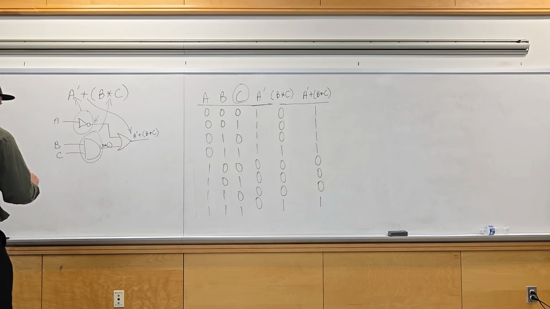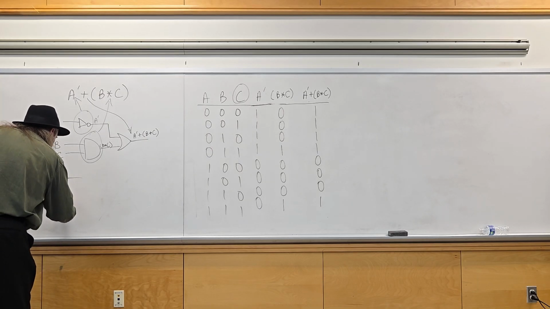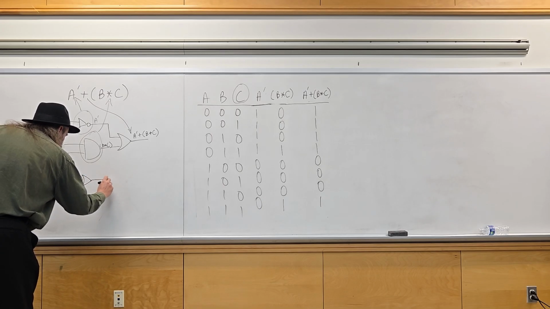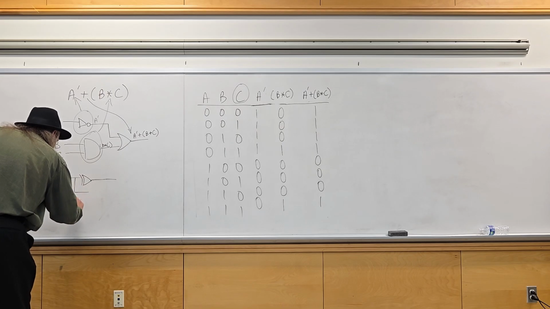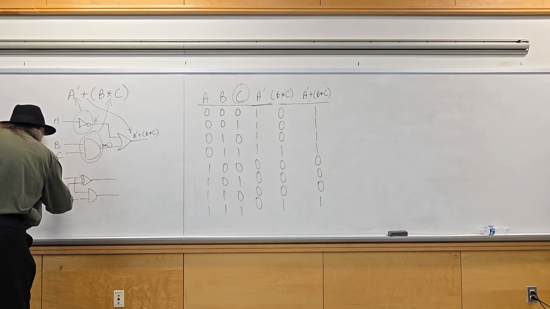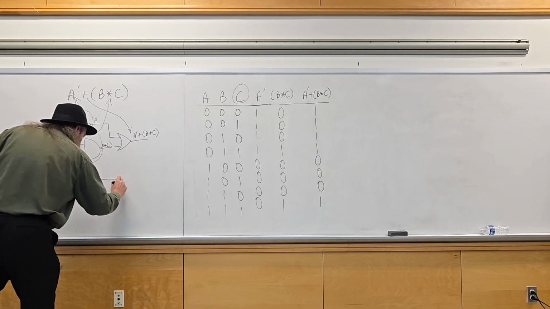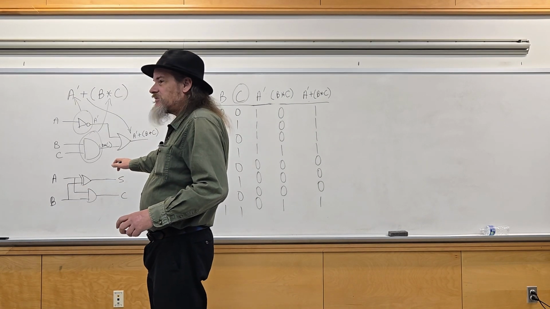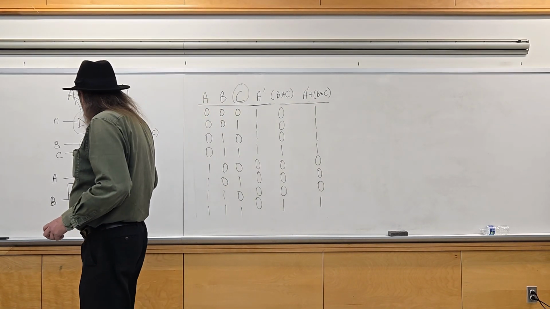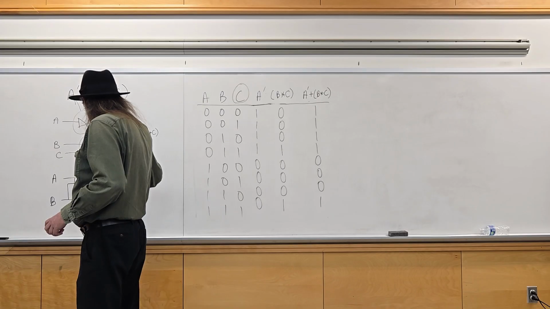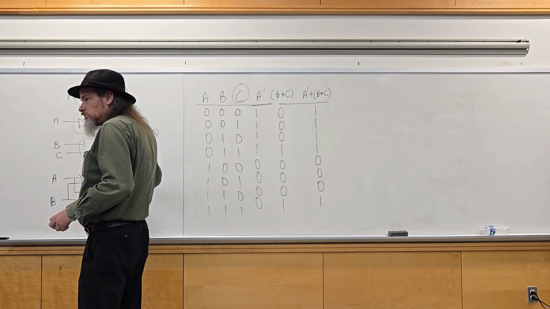Just real quickly, just as an example, that is what's called a half adder. It adds the 2 binary numbers together, where the output is the sum and the carry.